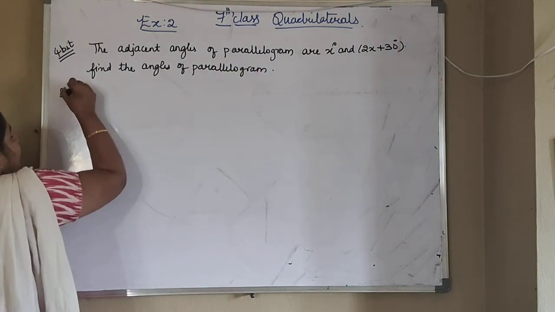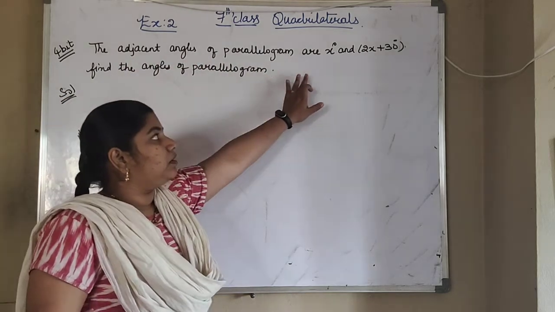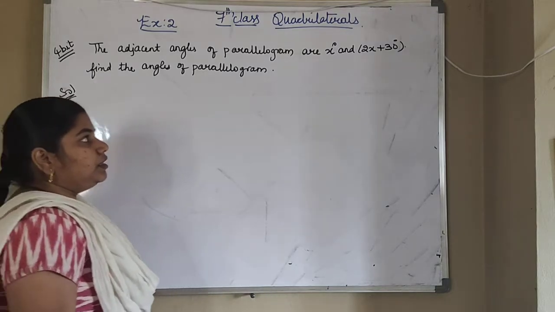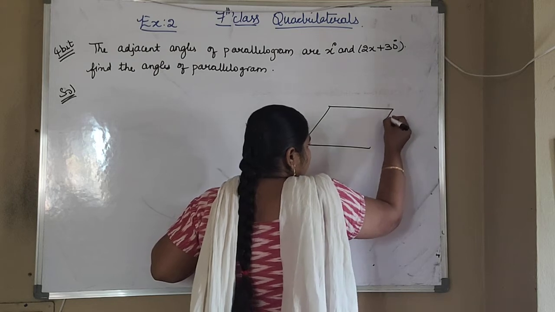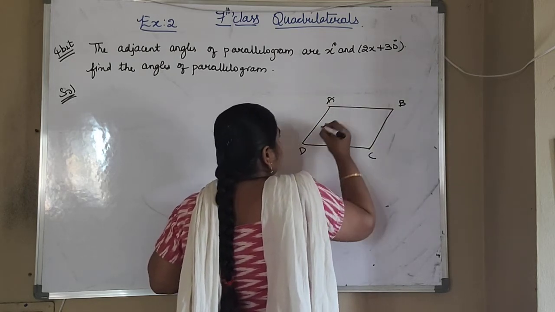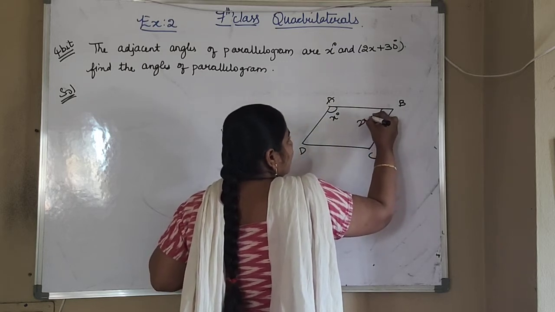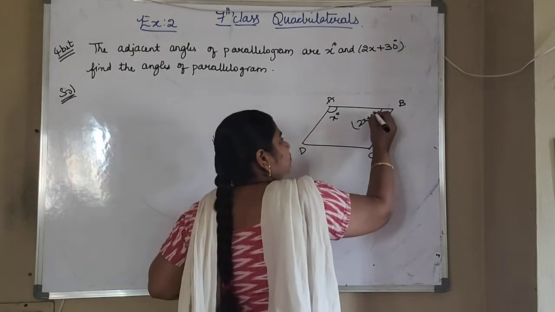So what they have given, the two adjacent angles of a parallelogram, x and 2x plus 30 degrees. If you take a parallelogram here, A, B, C, D. Angle A value they have given as x, angle B value they have given as 2x plus 30 degrees.